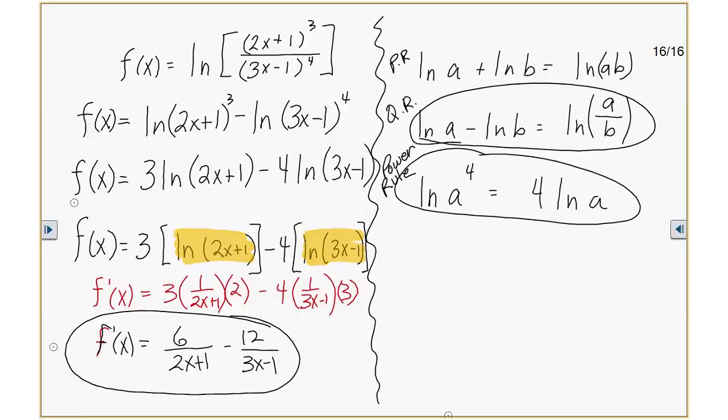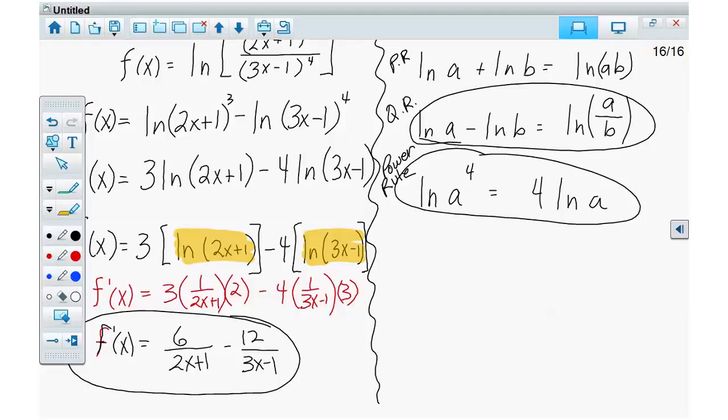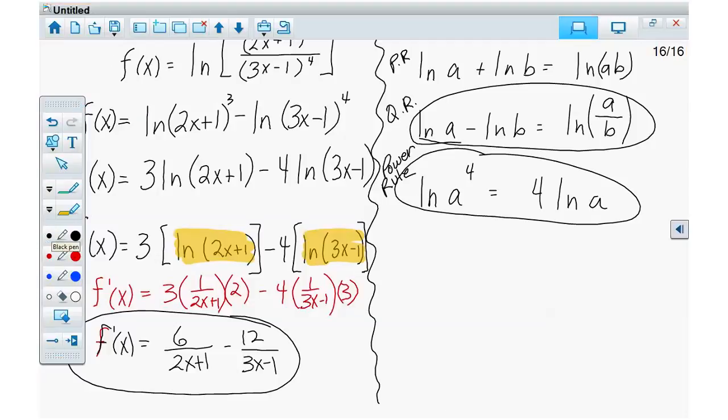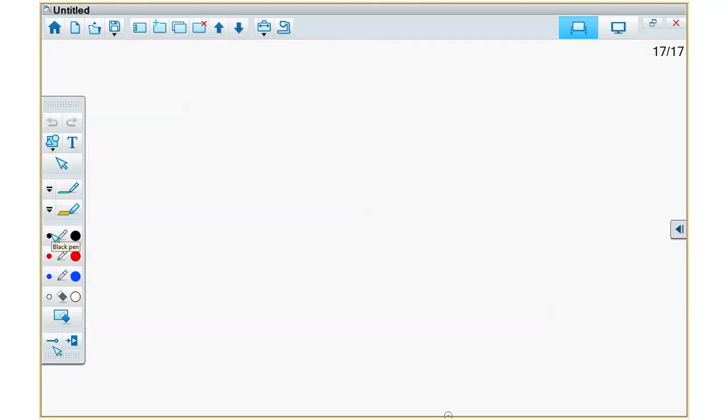Why am I doing so many problems in the natural logs? Because that's where students suck the most as far as derivatives. That, the chain rule. And you'd be surprised how many people can't do the chain rule even after they've been shown how to do the chain rule.